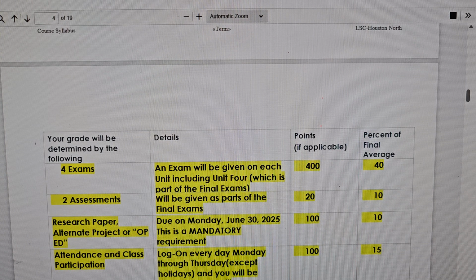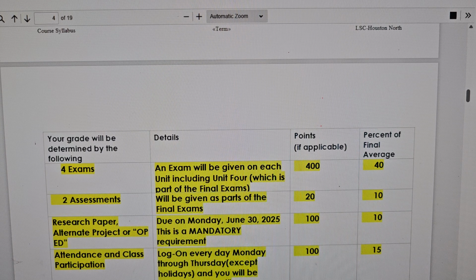July 4th, I think, is on Friday, but July 3rd is a holiday for us. So you don't have to log on July 3rd or June 19th. But every other Monday through Thursday, you log on and you get marked present. And of course, once you log on, do some work, get something done.